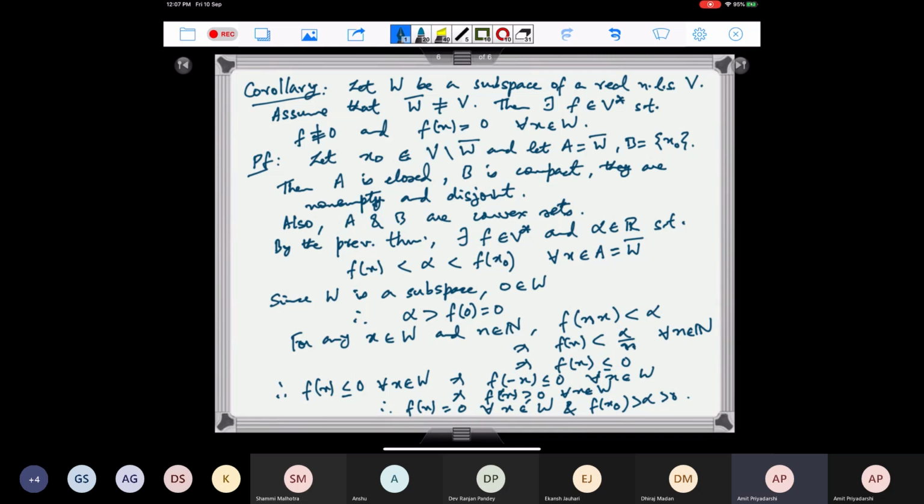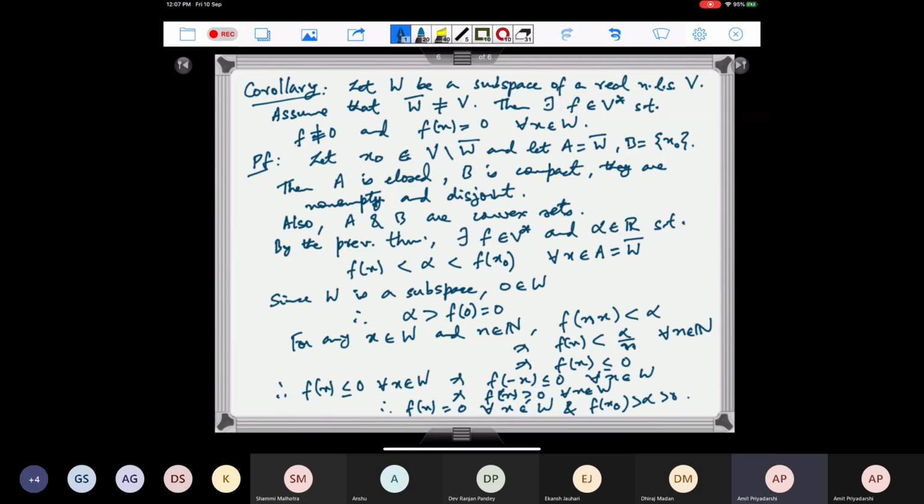I did not do that application of the extension theorem, so maybe in the tutorial I'll put that problem. If this is a closed proper subspace, then you can do it directly, because the quotient space will be a non-zero normed linear space, and then you can apply the Hahn-Banach extension theorem on that.